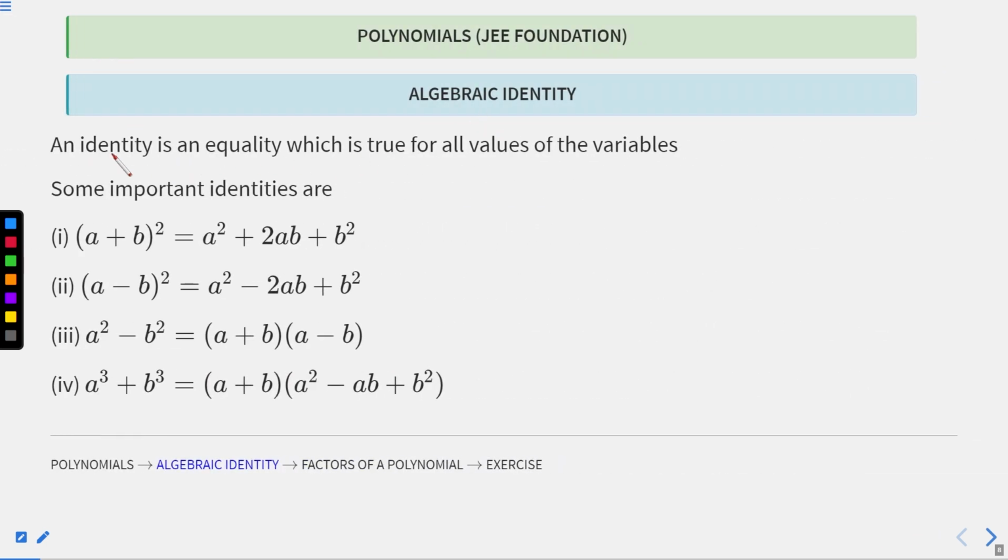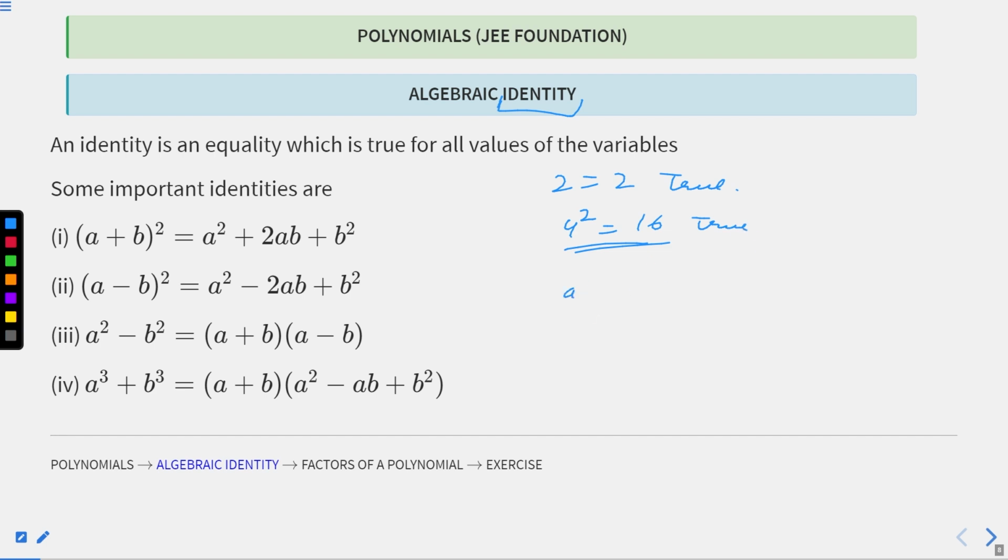Now let's see some algebraic identities. First of all, what do we mean by identity? Identities are those expressions on the left and right hand side of the equal sign which are always true. For example, we know 2 equals 2 is always true, and 4 squared is 16 is also true.